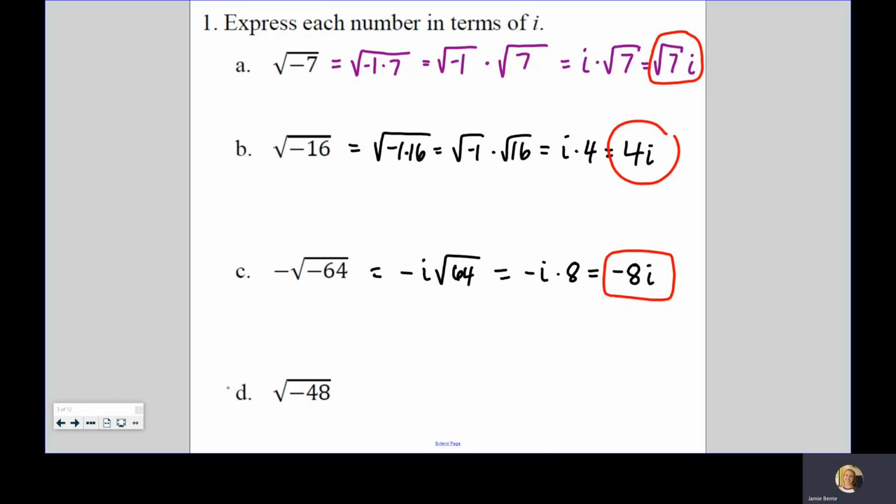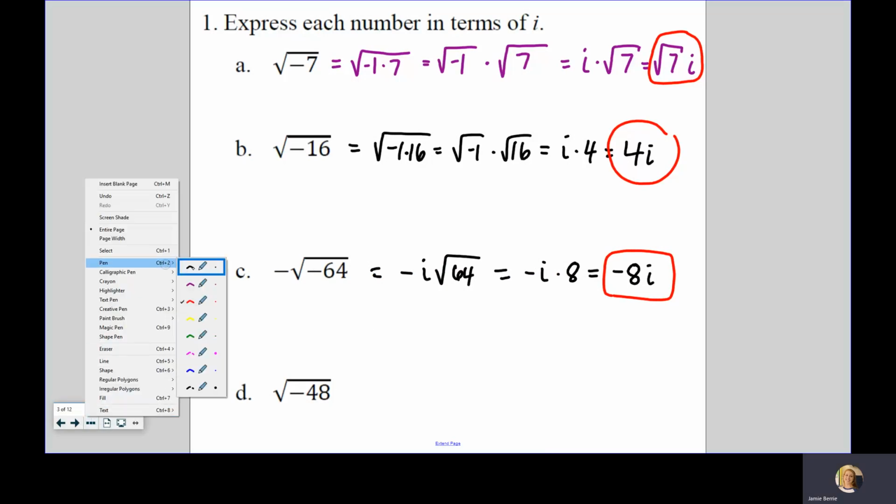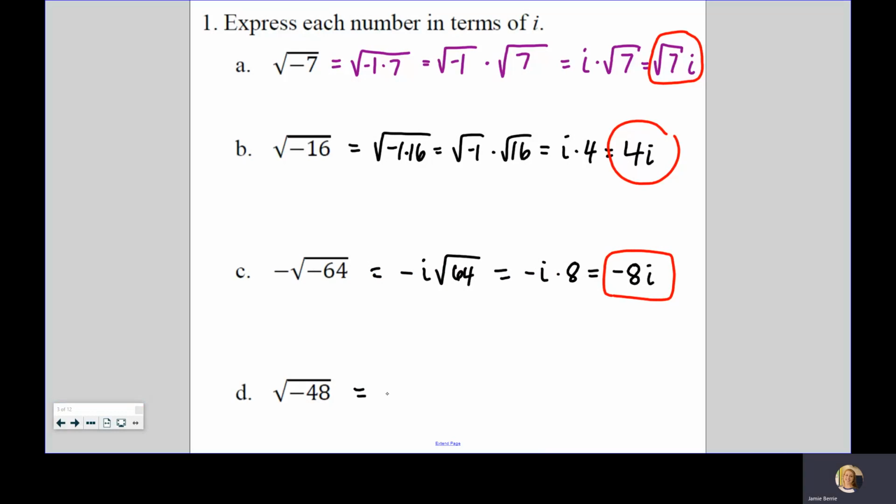And then lastly, we'll have to do some simplifying here. All right, so we'll go ahead and write the i out front. i times the square root of 48. Let's think of some perfect square factors of 48. 48 is not a perfect square, but it does have some factors that are perfect squares. So you could do 4 times 12, or you could do 16 times 3.